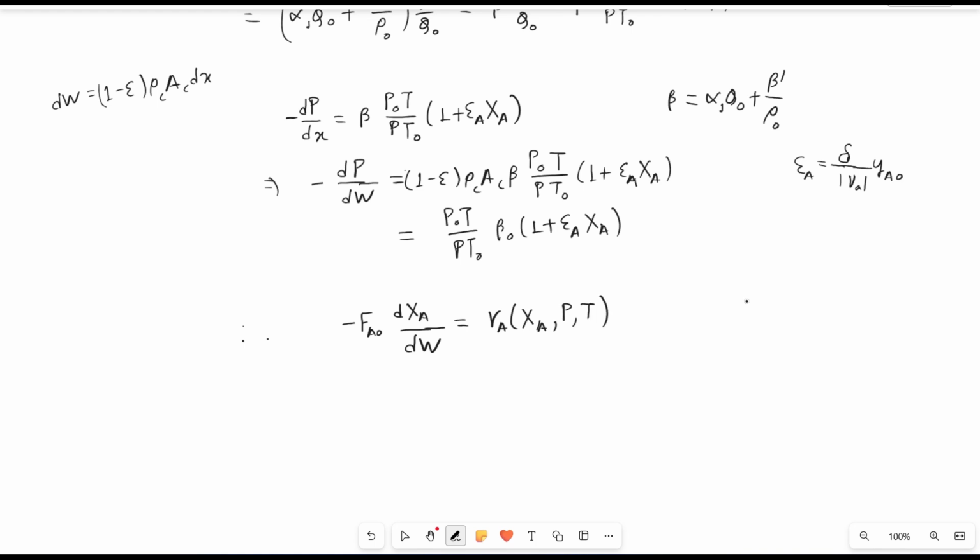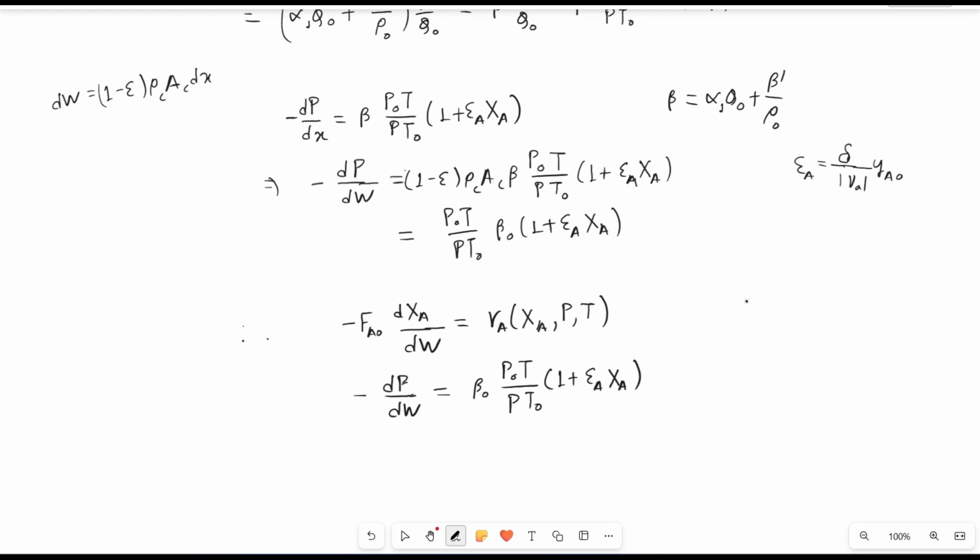Another equation we got: minus dP dW is equal to some beta naught T naught T by PT naught, 1 plus epsilon A xA.